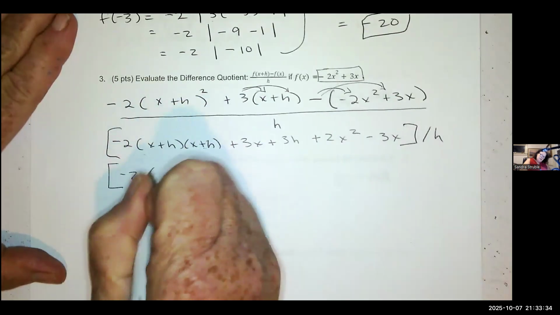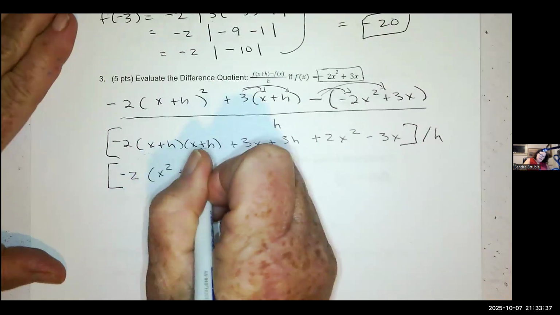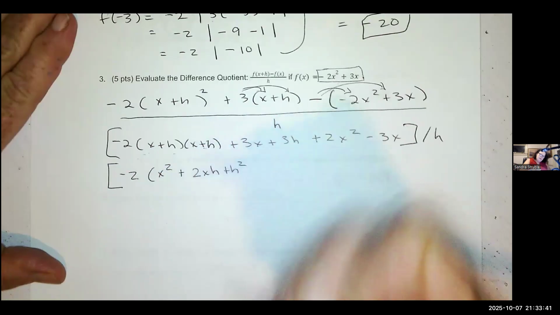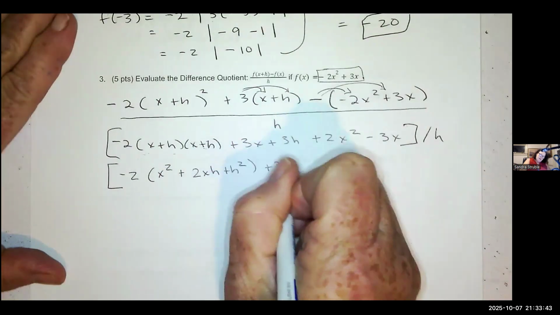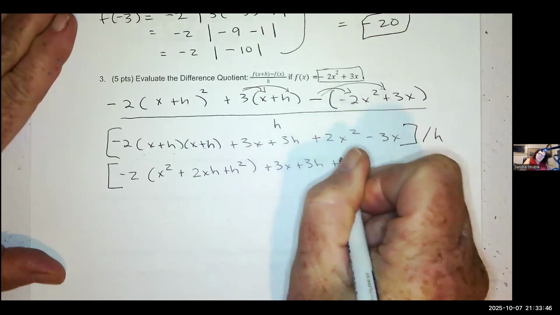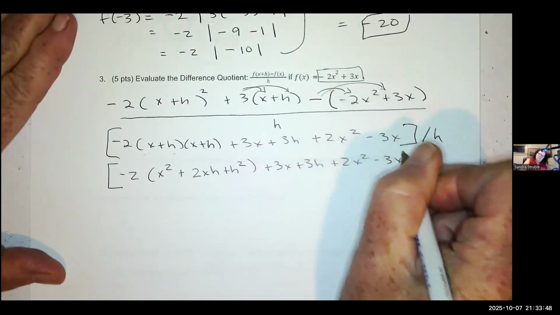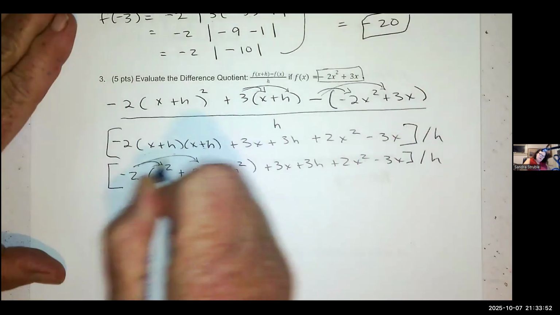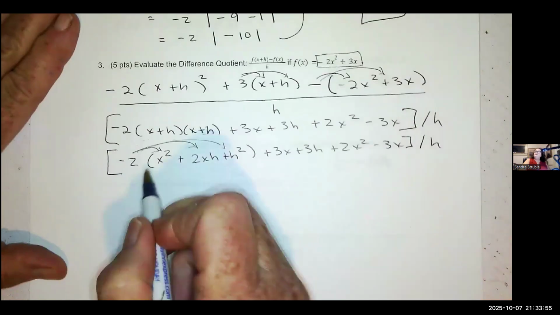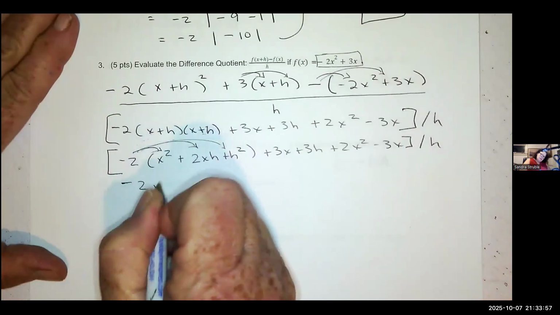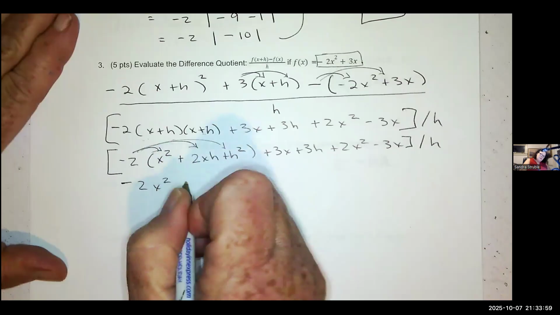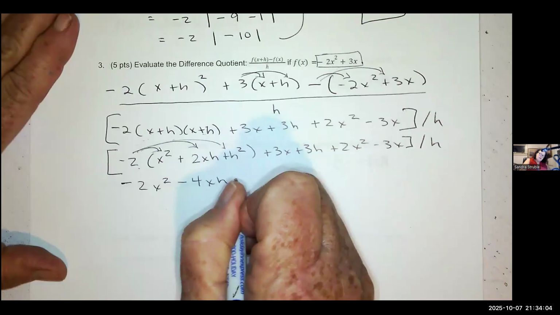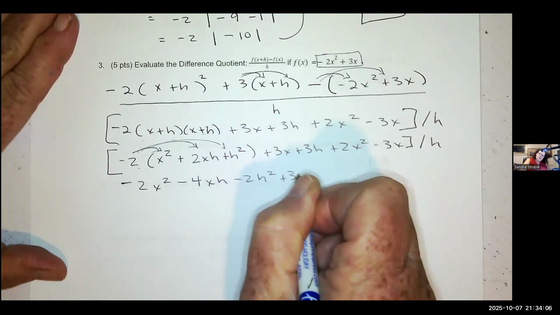So -2 times x squared plus xh plus xh is 2xh, plus h squared. That's simplified. I'm bringing everything else down. All of this is over h. Now I need to distribute my -2 over my trinomial. -2 times x squared is -2x squared. -2 times +2xh is -4xh. -2 times h squared is -2h squared, bringing everything else down.